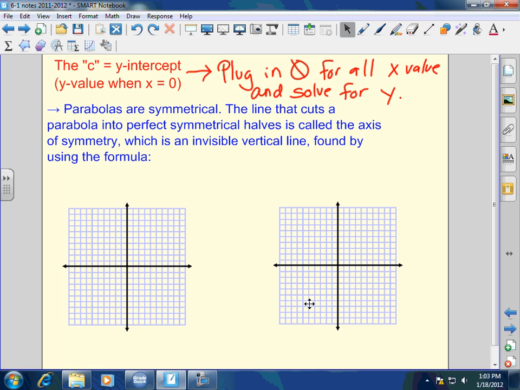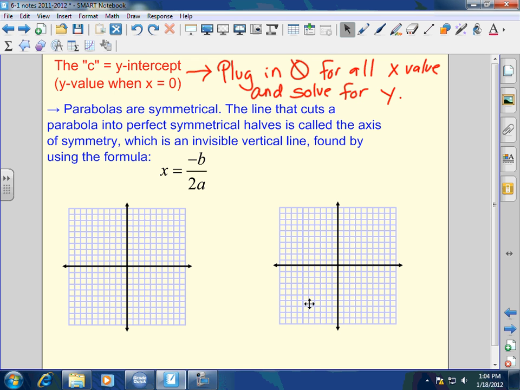All right? So, parabolas are symmetrical. The line that cuts a parabola into perfect symmetrical halves is called the axis of symmetry, which is an invisible vertical line found by using the formula x equals -b over 2a. The axis of symmetry is an x equals equation.